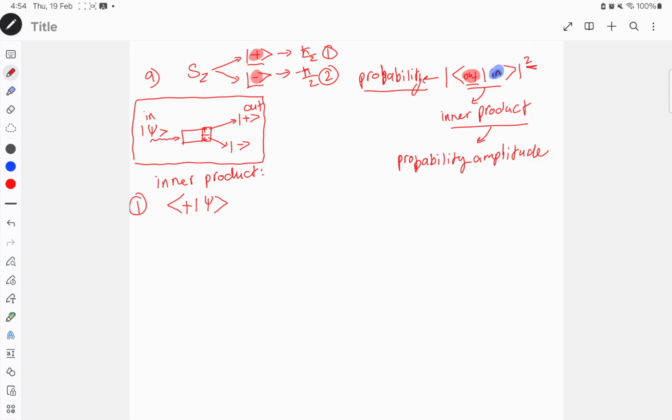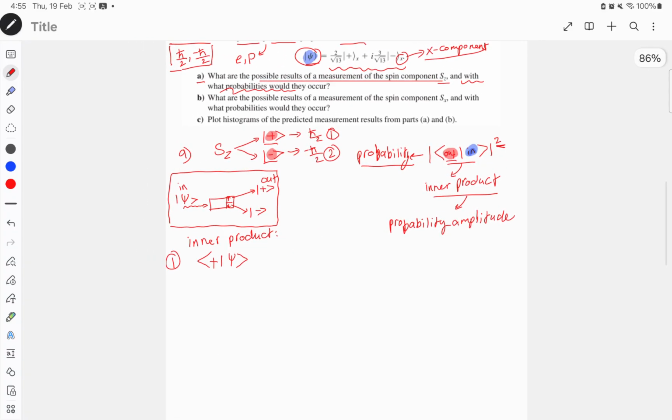First one: as we can see, the component here is x. We will write it as it is.